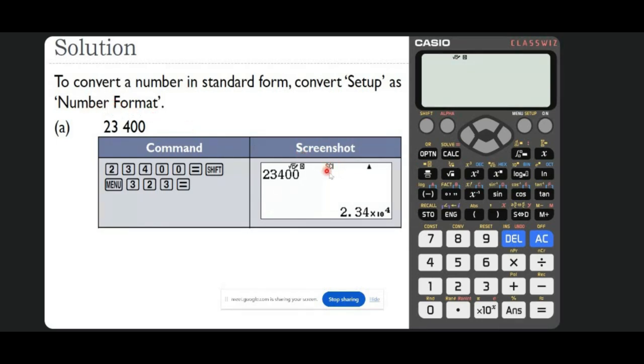Here already has the SCI symbol, so you can just continue. Just key in 23400, then press the equal sign, press Shift Menu, press 3, press 2, press 3, then press the equal sign. You will get this as your answer.